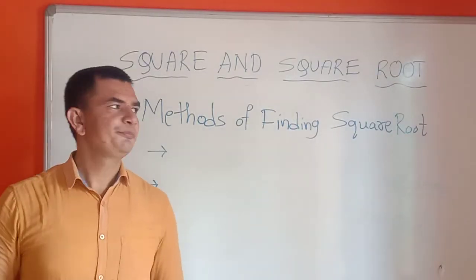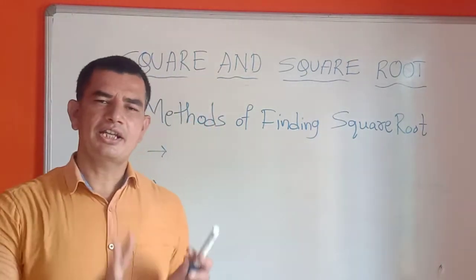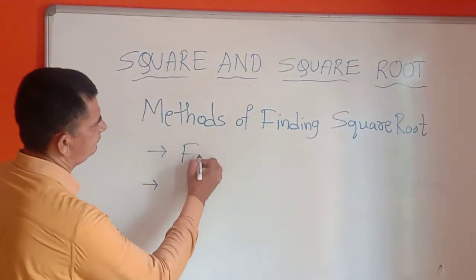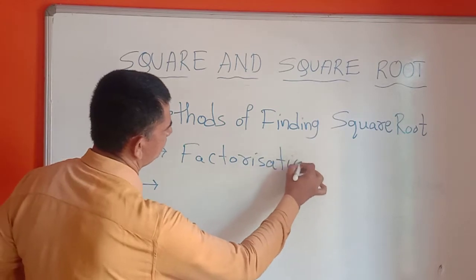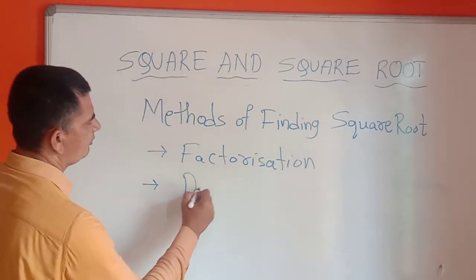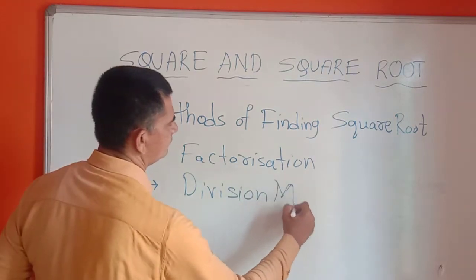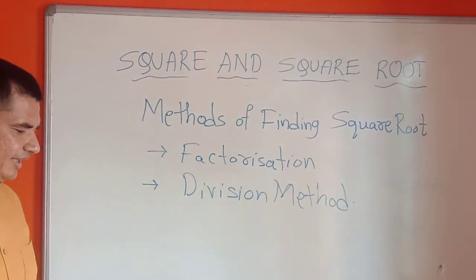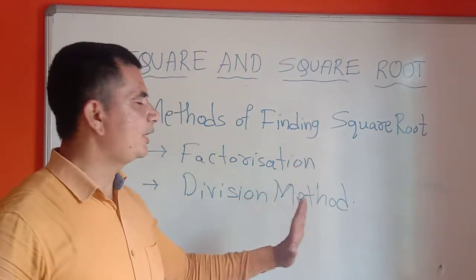Students, let's see methods of finding a square root. There are two methods. First one is the factorization method, and the second one is the division method.